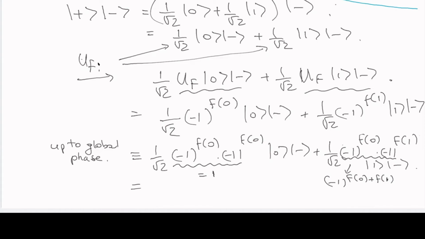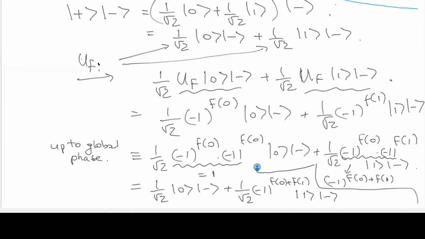So all in all, what we get is 1 over square root of 2, 0 minus, plus 1 over square root of 2, and there is a -1 to the f of 0 plus f of 1, and 1 minus. Now at this point, the second qubit is returned to the state minus. We don't need it anymore.